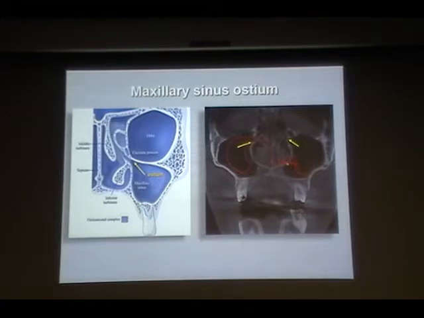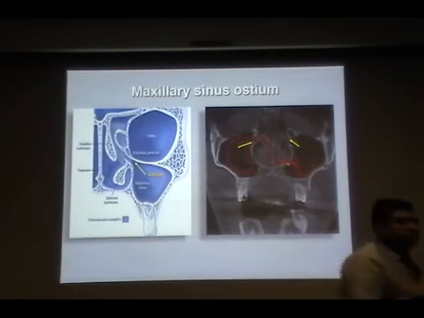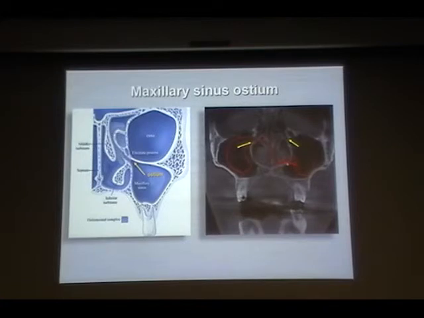Don't get confused there with the pathology, but that was the surgery at that time they thought was appropriate. Then they learned over a period of time that mucus is going to circulate like this. So now they create a window here if there is mucosal blockage or maxillary sinus blockage.